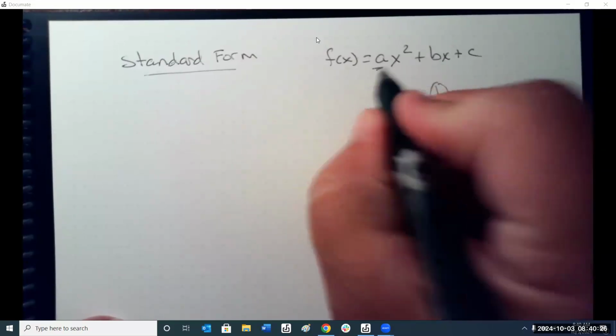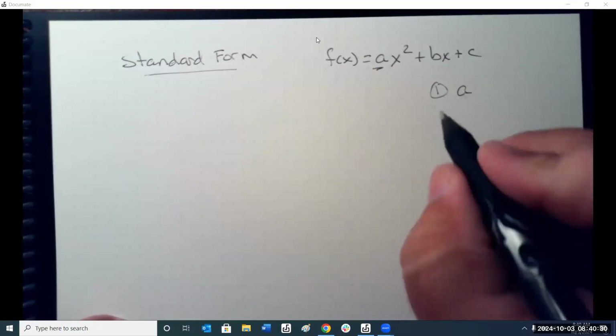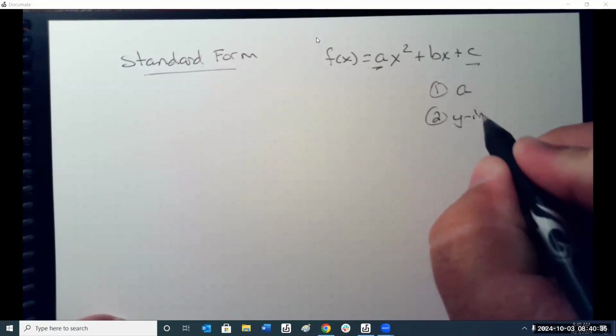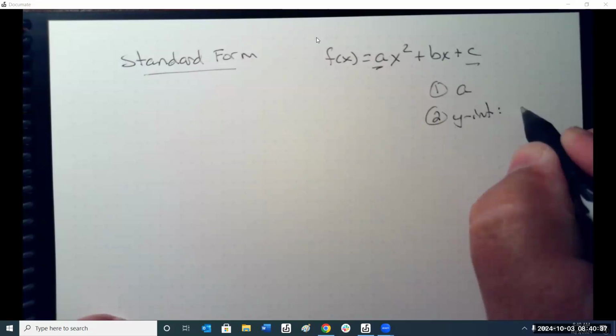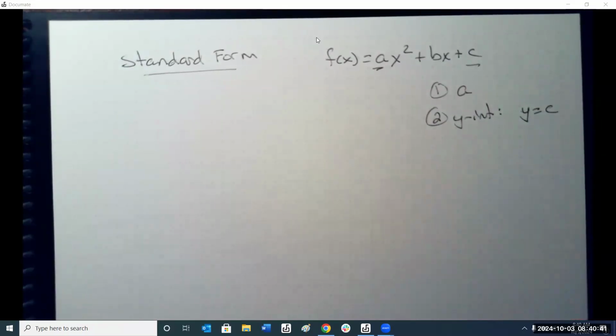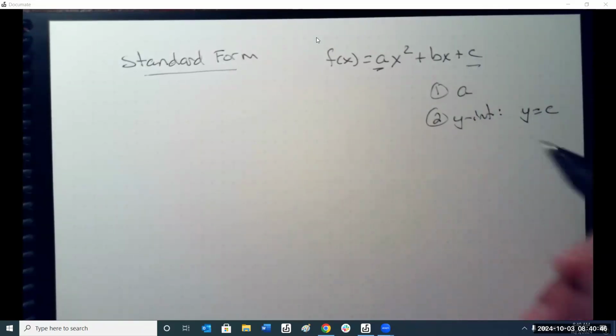It tells us what a is. It tells us our y-intercept. Remember, the y-intercept is always the constant value. So y equals c.